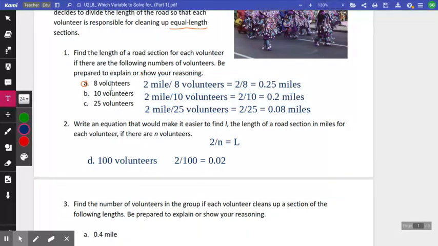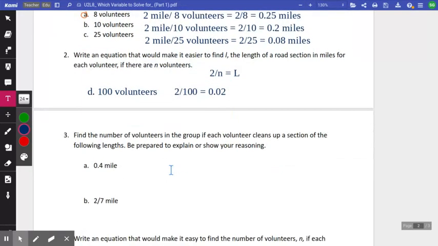How many volunteers were there? So it's like flipping the question around. The first one we are given is 0.4 miles. If each volunteer ended up cleaning 0.4 miles, how many people were there? Go ahead, pause the video, see if you can figure it out now.